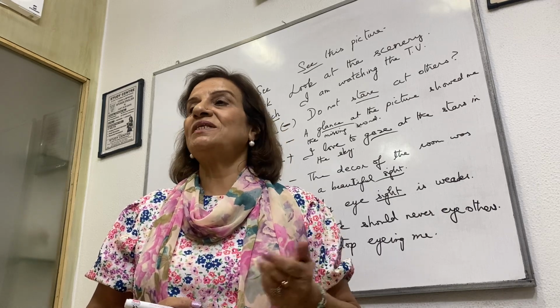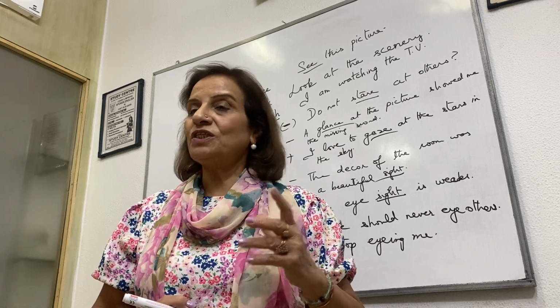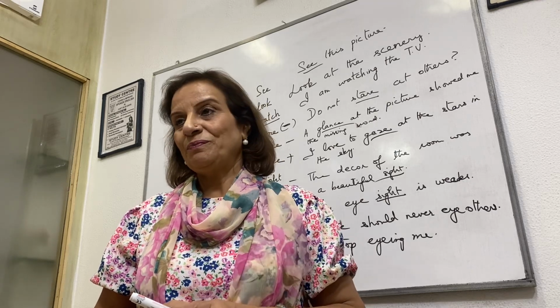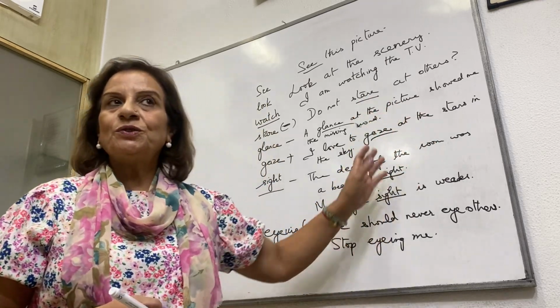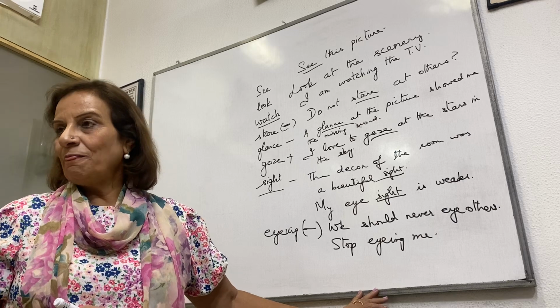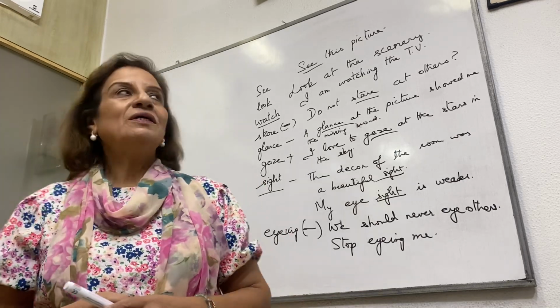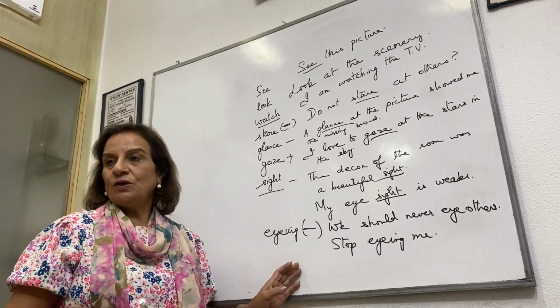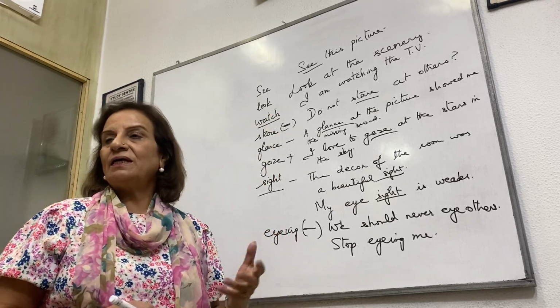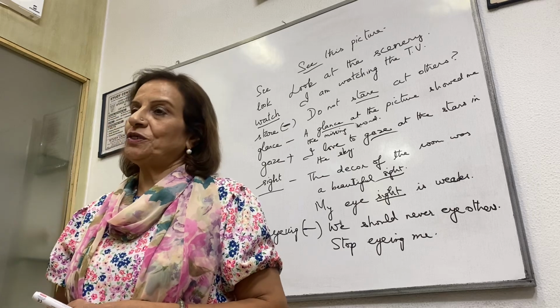I cannot say I am seeing the TV. I am watching the TV. I am watching a movie. So try to use these words correctly and improve your English language. You can write down these words. All mean the same, but are used in different situations.